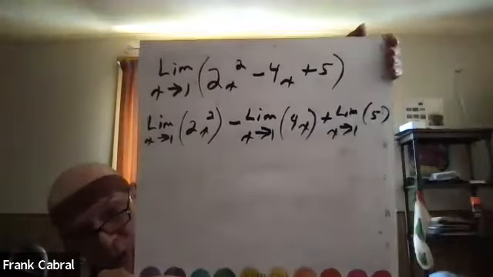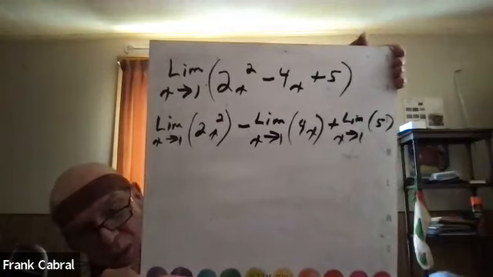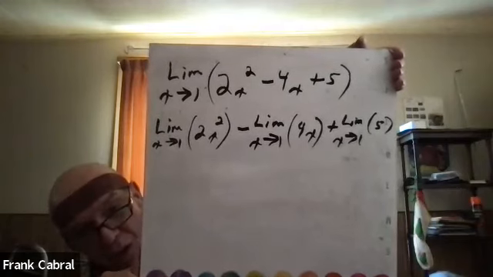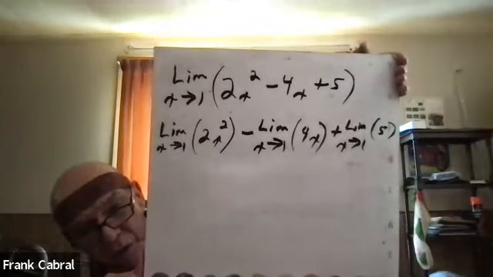These are limit laws. It says the limit of a sum or difference is equal to the sum or difference of the limits. Then we have other limit laws, which says that the limit of a constant times a variable is equal to the constant times the limit of the variable. So let me apply this one more time. Now, again, this is very tedious, and we use these all the time without thinking about them.